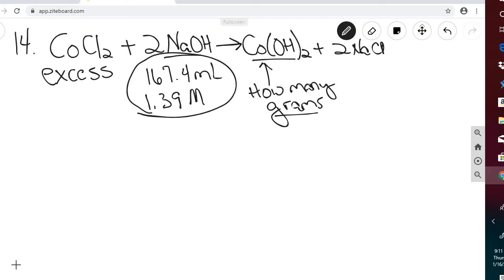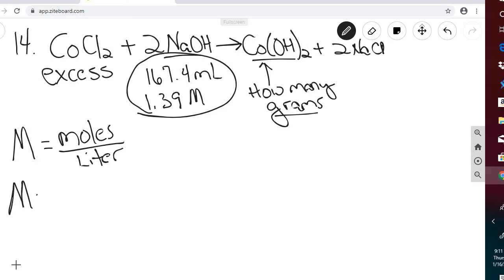Okay, so let's start with the sodium hydroxide. Molarity is equal to moles over liters. We're going to solve for the moles. We multiply both sides times liters to get rid of the liters on that side, so molarity times liters is going to give us moles.